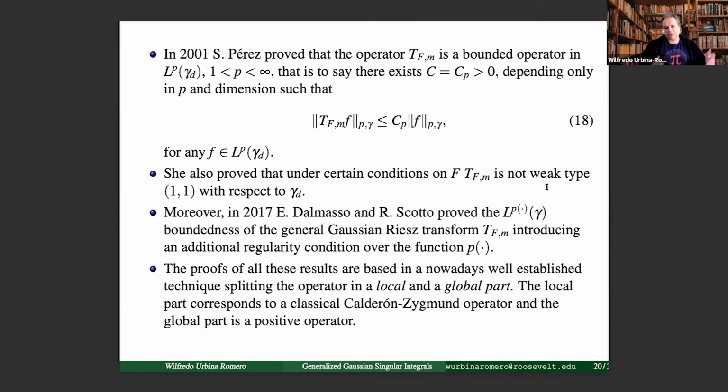So it is basically a multiple of the Lebesgue measure, and the local part corresponds to a classical Calderón-Zygmund operator. And the rest, when you are away from the origin, is a positive operator that most of the time gives you a lot of work to estimate.